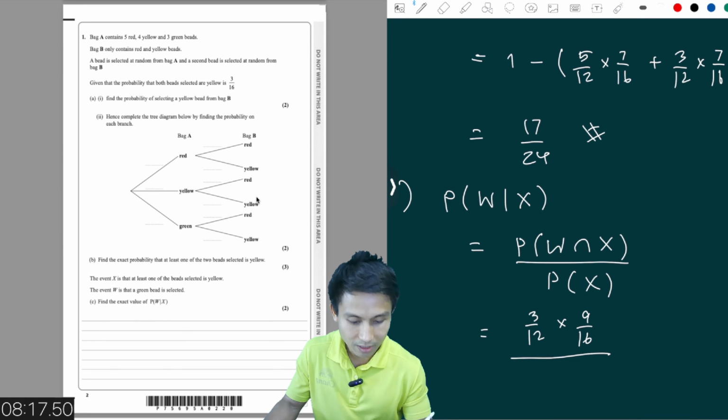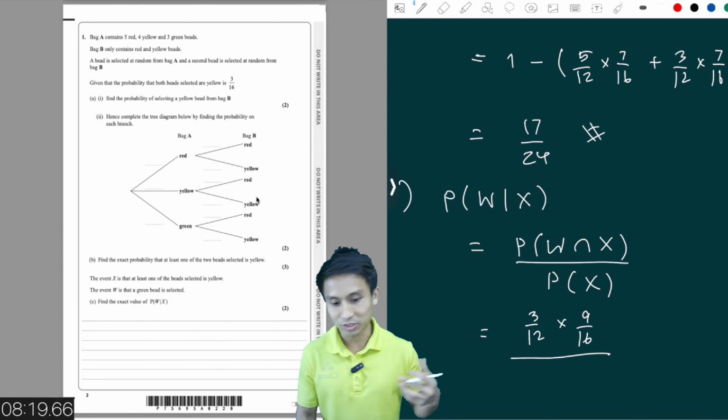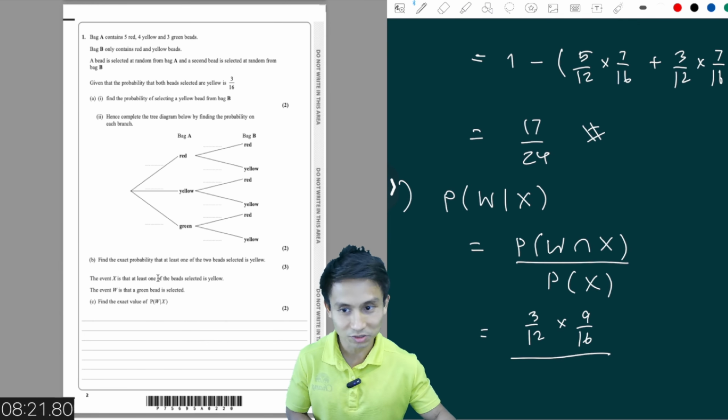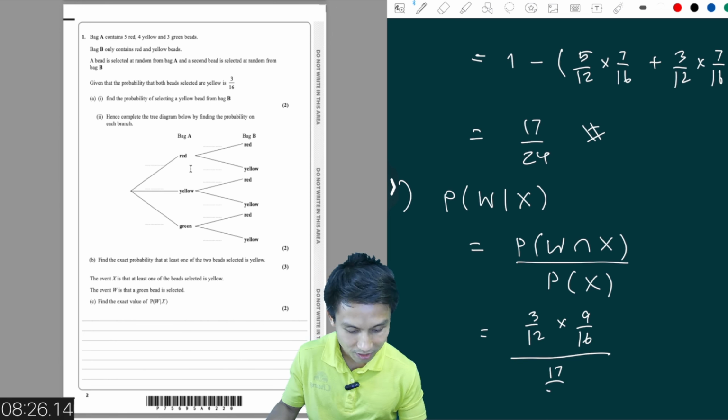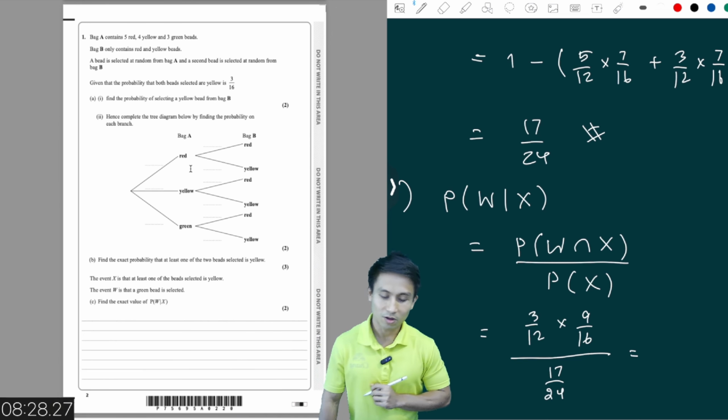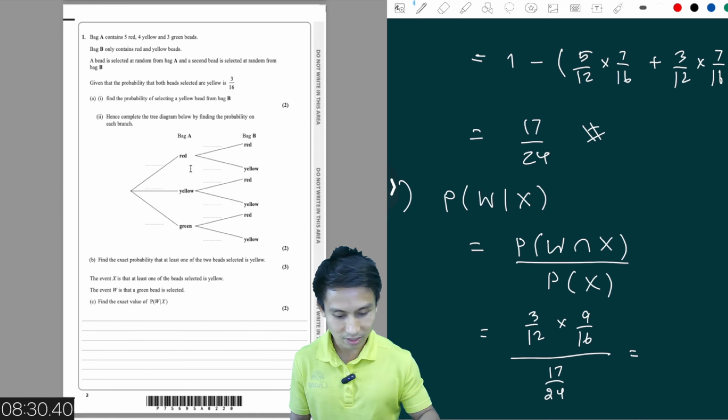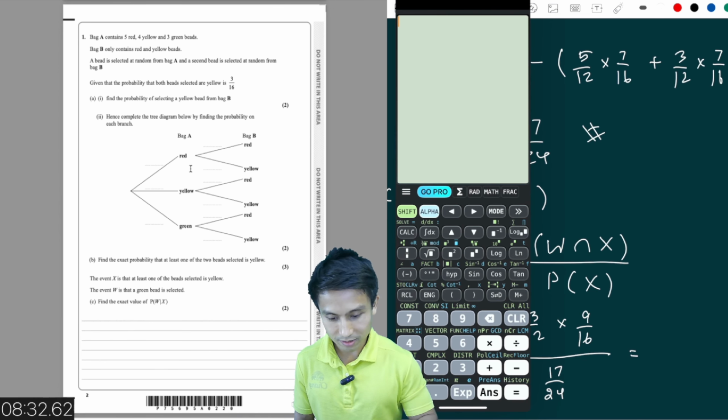And then the denominator will be P of X, which we already found, because that's just at least one yellow. So we're going to take the answer from the previous part. Okay, so I'm just going to use a calculator. That is fraction 3 over 12 times 9 over 16.